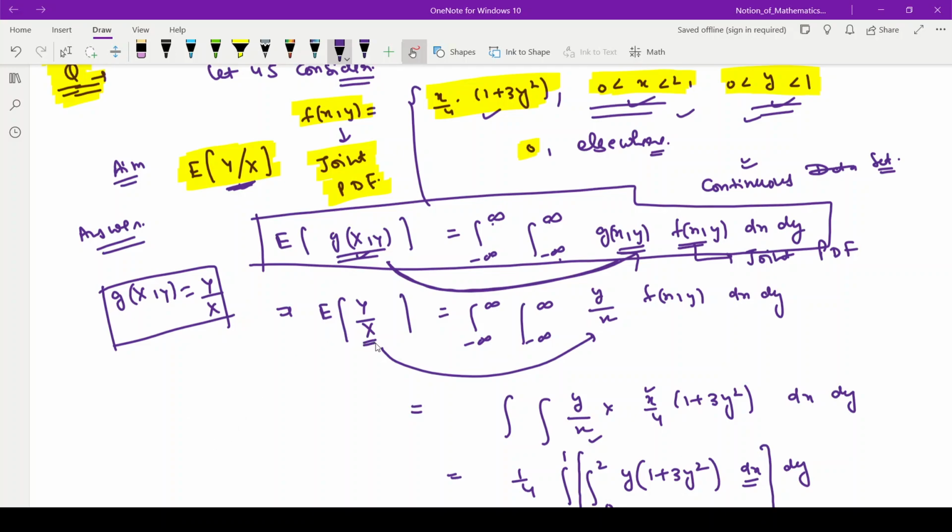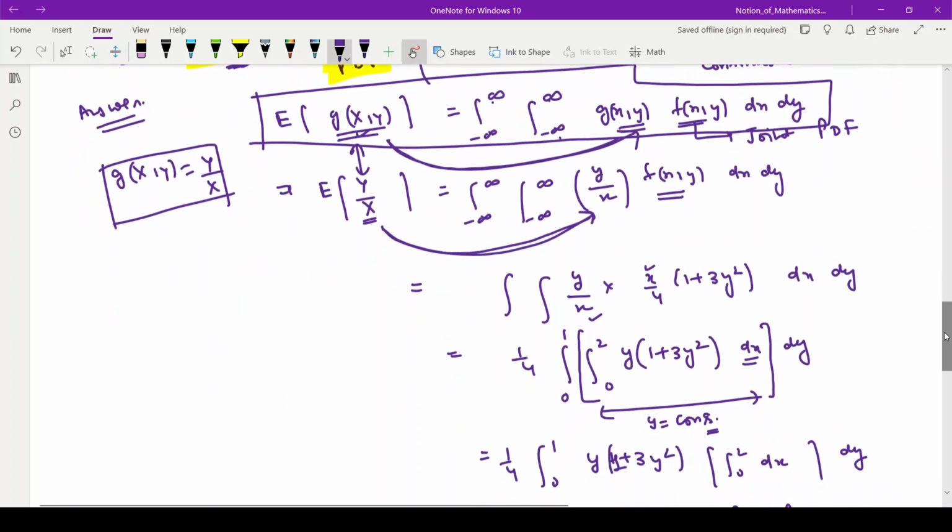So y by x is replaced here, and this y by x will be multiplied by the associated fxy. fxy means joint PDF. Now fxy is already given in the question, that is x by 4 into 1 plus 3y square. So x and x will be cancelled out. So we will be having here 1 by 4 double integration of y into 1 plus 3y square dx dy.